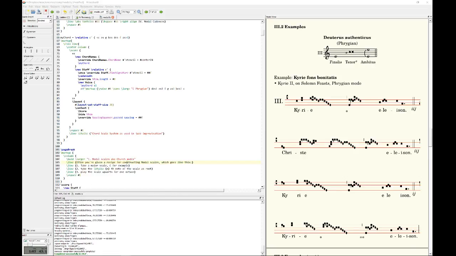Alright, so for Phrygian mode we have to have the finalis of E. And if we count lines, C, A, F, E. Well, this is an E. That works. Our tenor should be on the C, so there should be a whole lot of the note C in this score, which mostly holds true, as we can see.